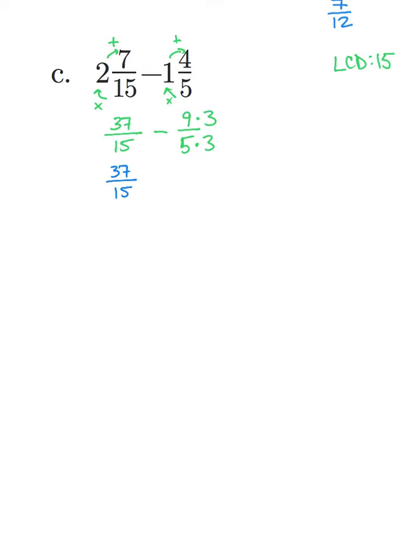And whatever I do to the bottom, I need to do to the top. So I get 9 times 3 is 27 over 5 times 3 is 15. From there, we can go ahead and subtract the tops. 37 minus 27 is 10 over 15.